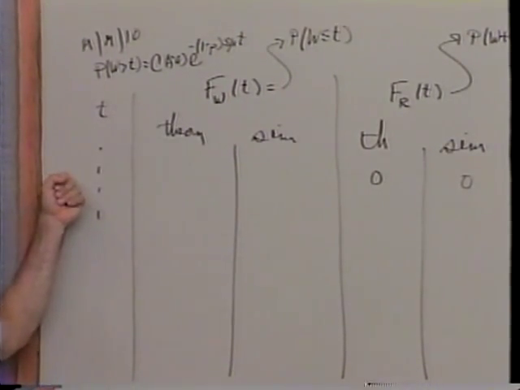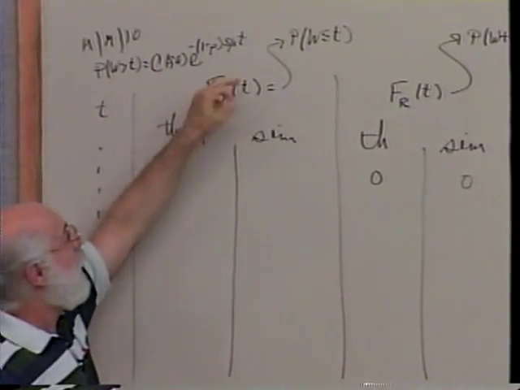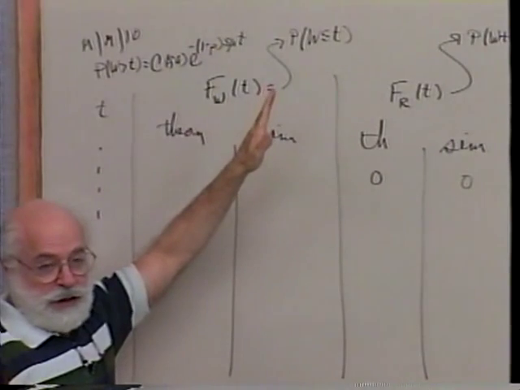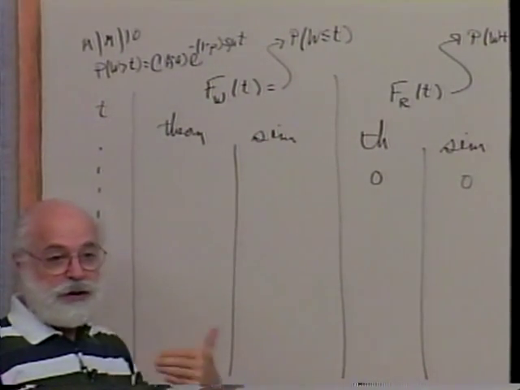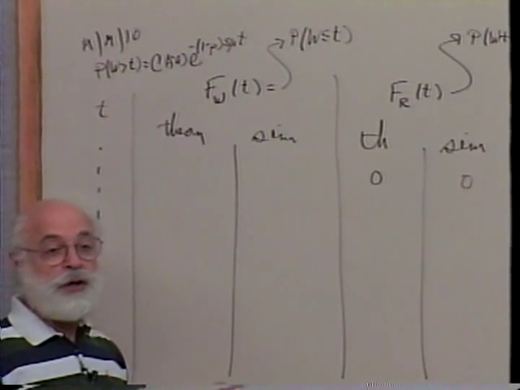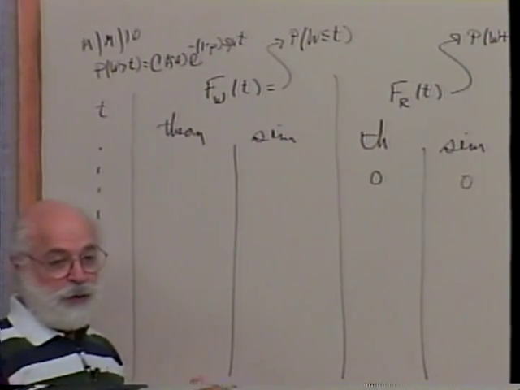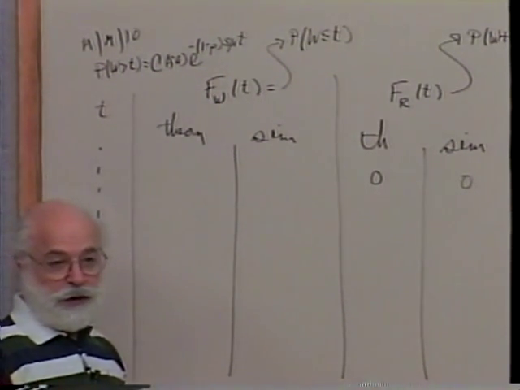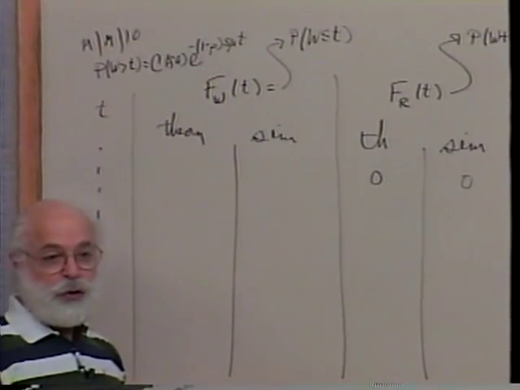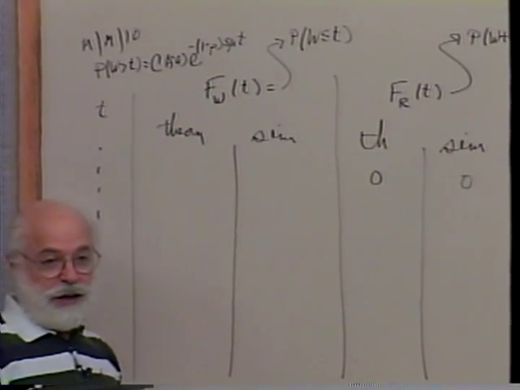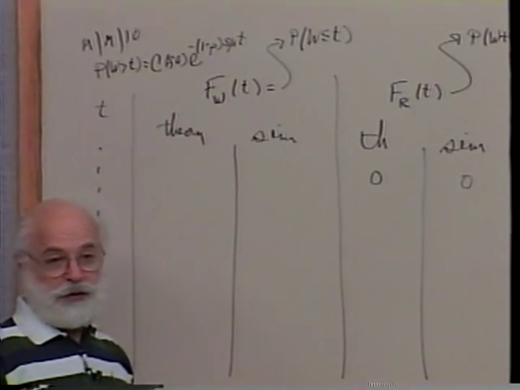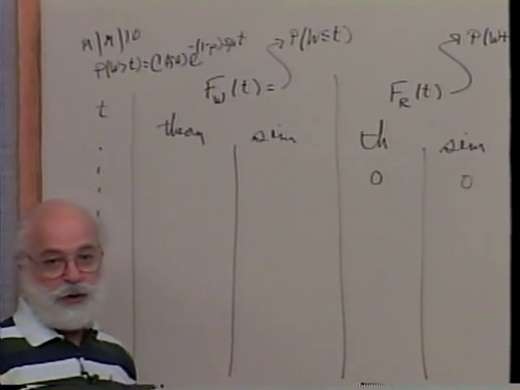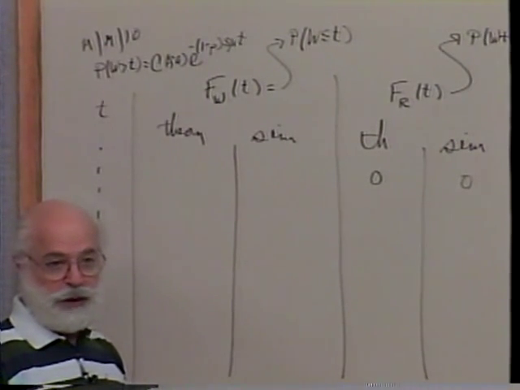So typically what you do is you say, I'll just take the unit of service time as the average service time. So whatever tau is, I will call that 1 unit. And then you measure t in those units. So if tau is 2 minutes, then when t is equal to 1, that means 2 minutes. 1 unit of time would be 1 service time, which would be 2 minutes.